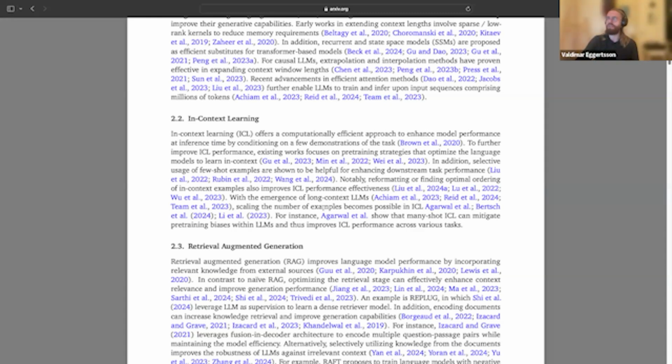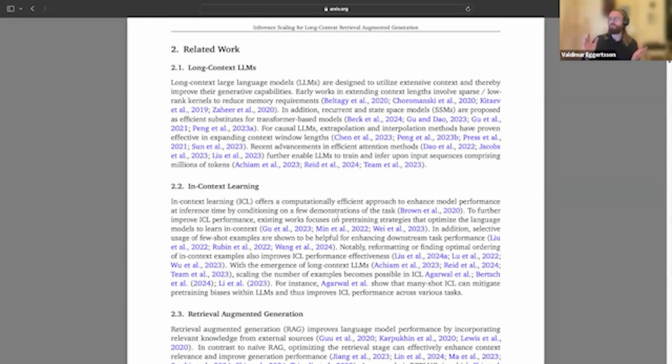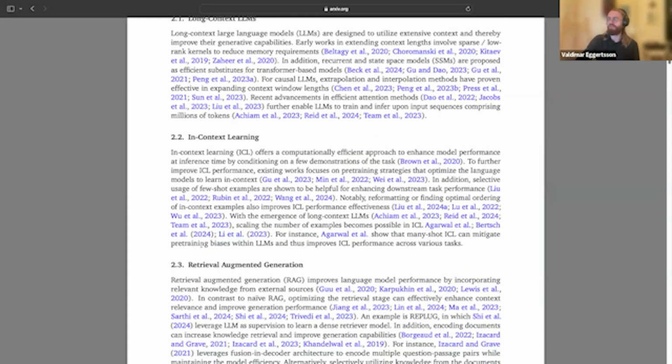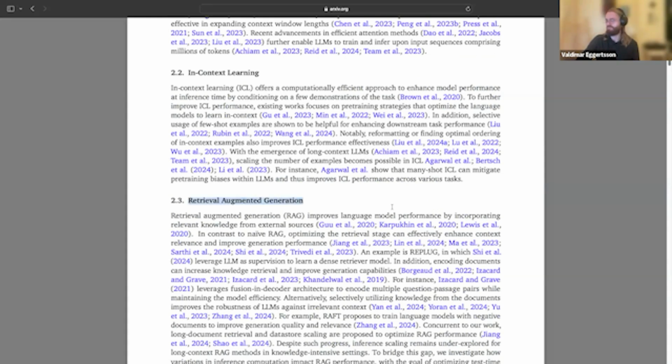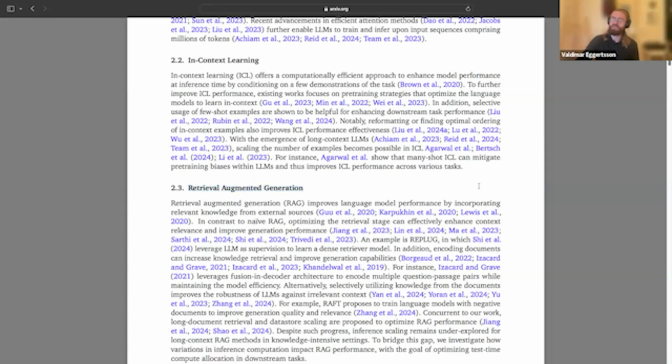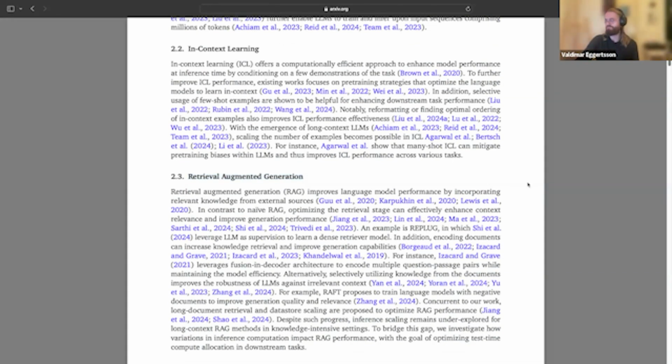And now that we have these million token context windows, we can have really complicated examples of how to do something, which is basically what this paper is about, applying that to retrieval augmented generation, which is just a search of a knowledge base. So you have your maybe business data or something specific about a company that's not in the training data of ChatGPT.